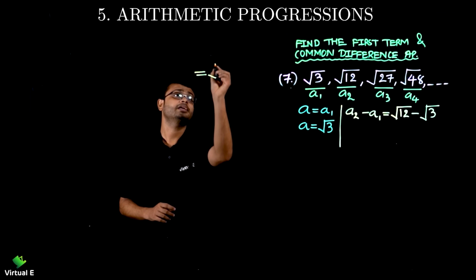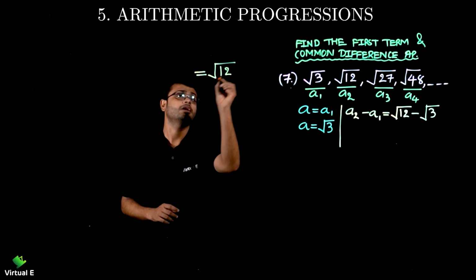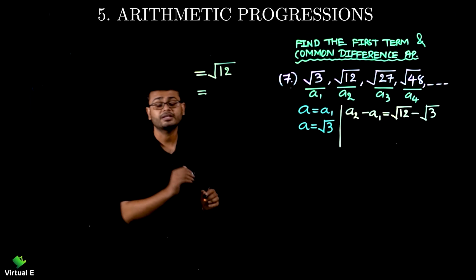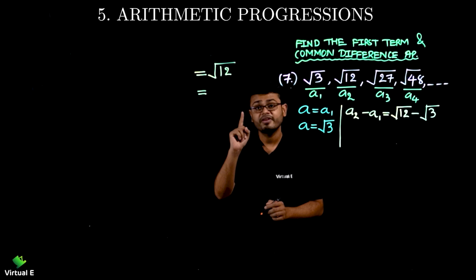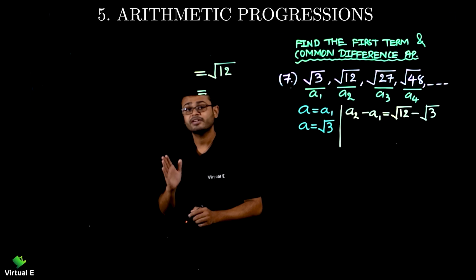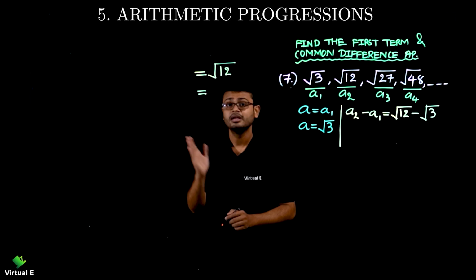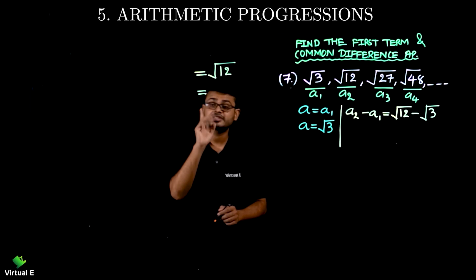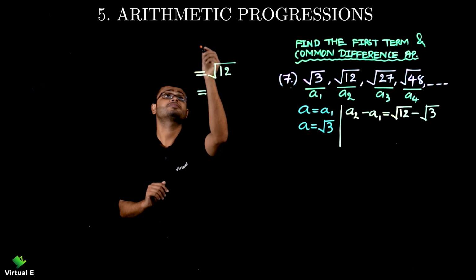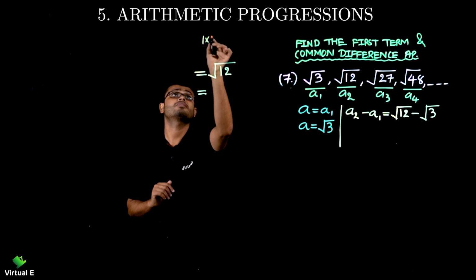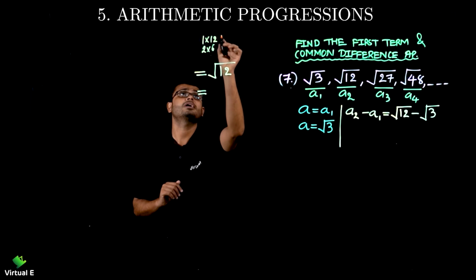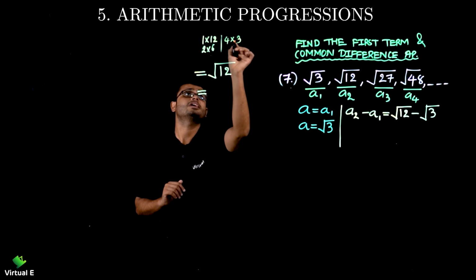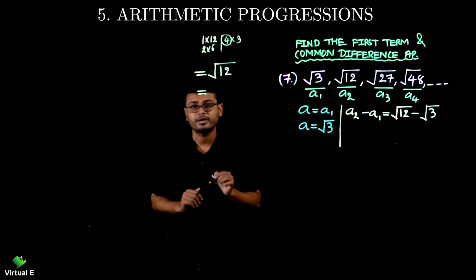First of all, I am taking square root of 12. Now let's take factors of 12 in a manner that there is one perfect square in it. So factors of 12, let's say 1 into 12, no perfect square, 2 into 6, no perfect square, 4 into 3, yes, there is a perfect square.